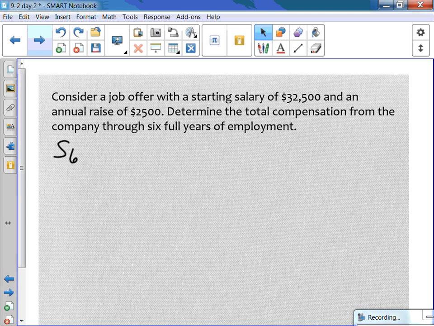Right? So, we know n is 6. Our a1? 32,500. What about our 6th term, our last term? We have to find it. So how are we going to find it?